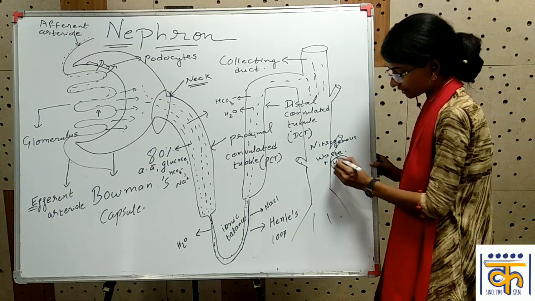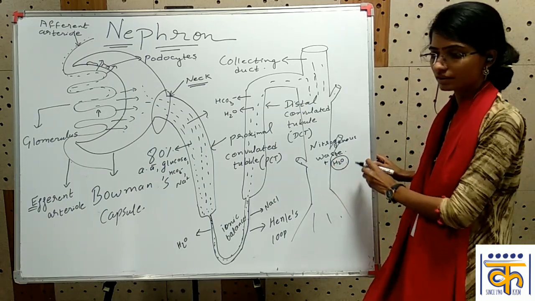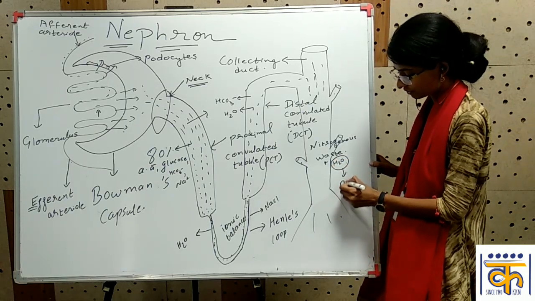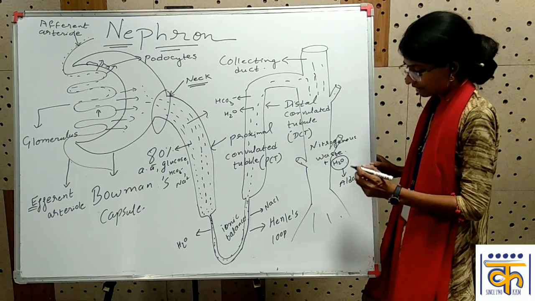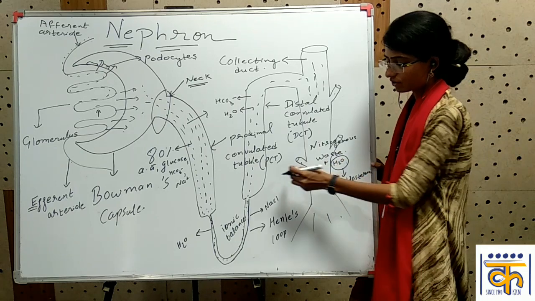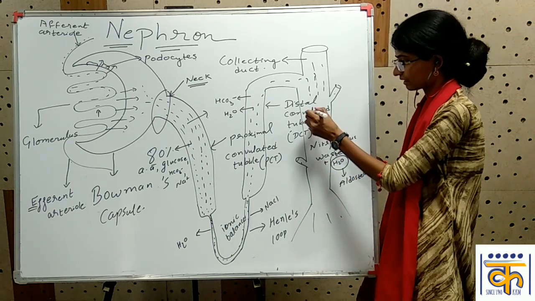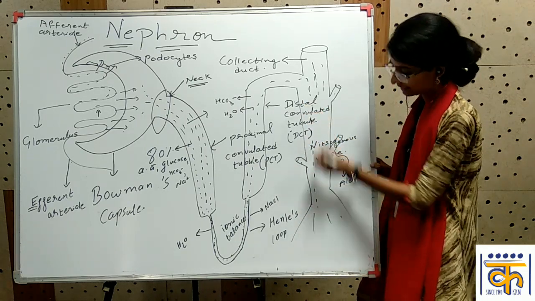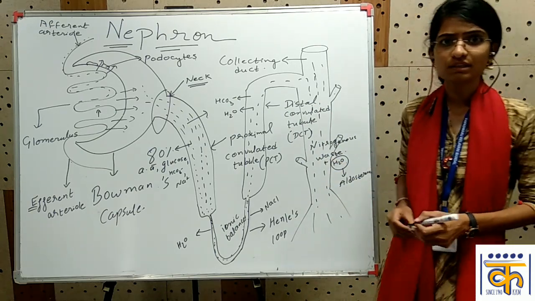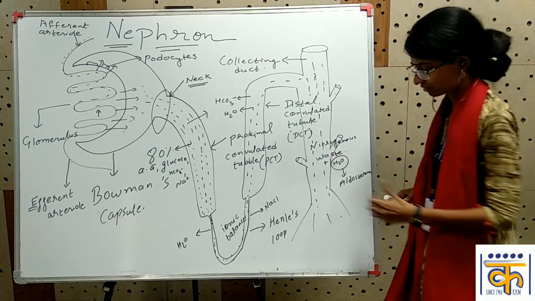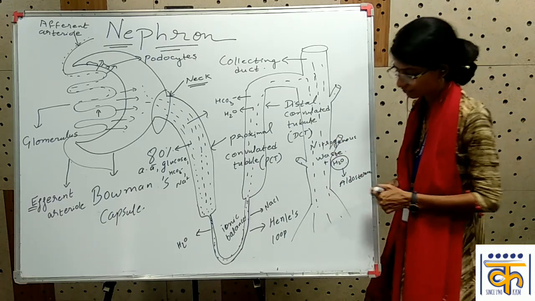The amount of water is decided under the control of the hormone called aldosterone, as well as the amount of water present in the body. So one can excrete dilute as well as concentrated urine, which we will be discussing in the next session about formation of concentrated and dilute urine.